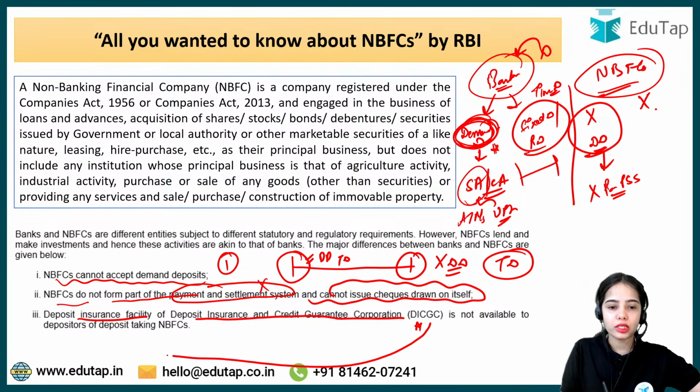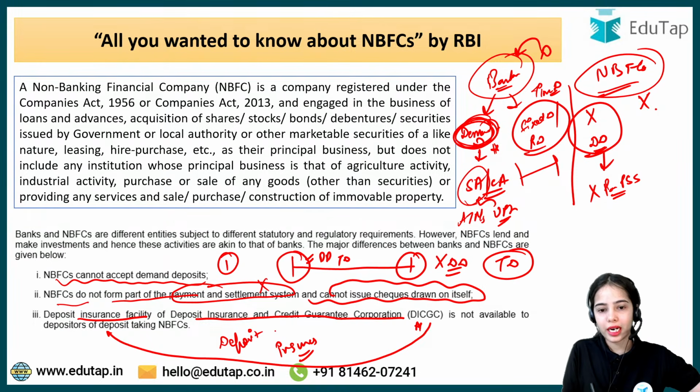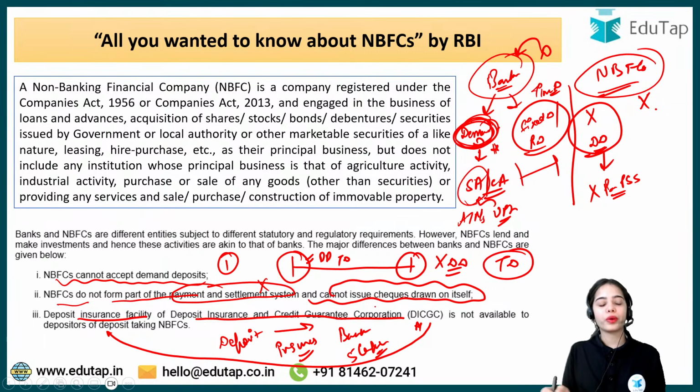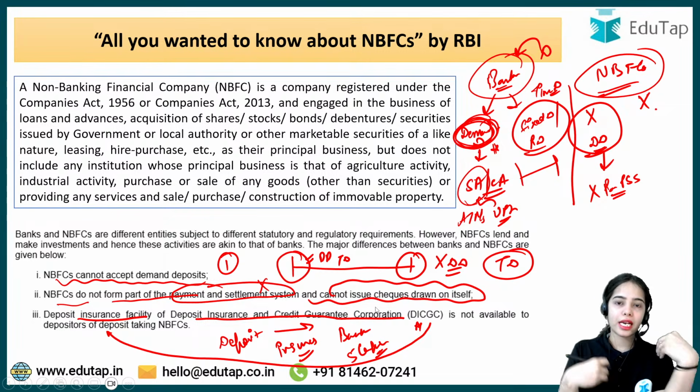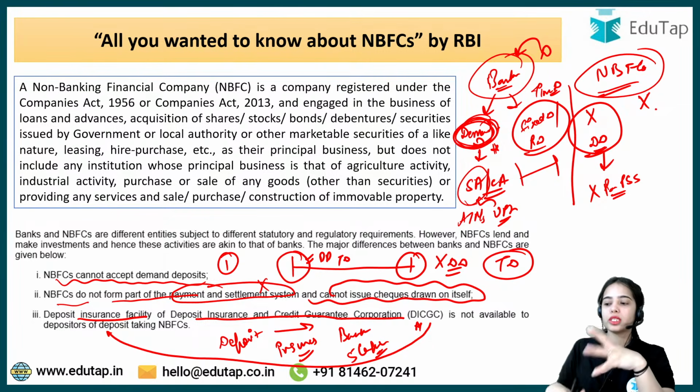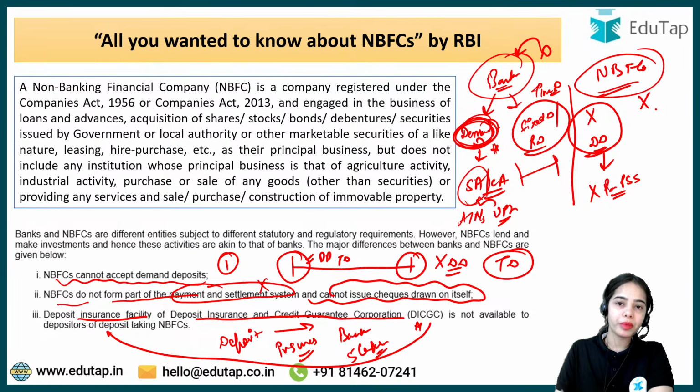It insures the deposits that we keep with the bank up to a limit of 5 lakh for each account, okay. The DICGC is a wholly owned subsidiary of the RBI, which ensures the deposits that we are keeping with the bank. But deposits kept with NBFCs will not be insured by the DICGC. That is the idea, okay.